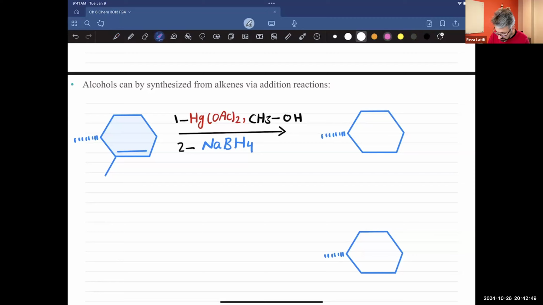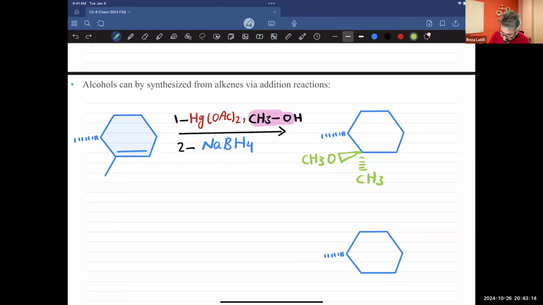If you use methanol instead of water, this piece will be added to the system. And in this case, you will have CH3O, and here you will have methyl. And of course, there I'm going to have two hydrogens. So no need really to write the hydrogens.